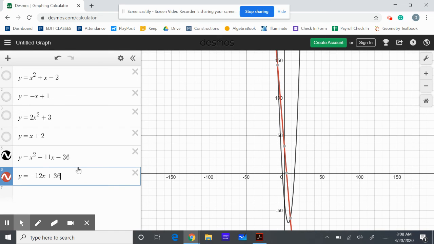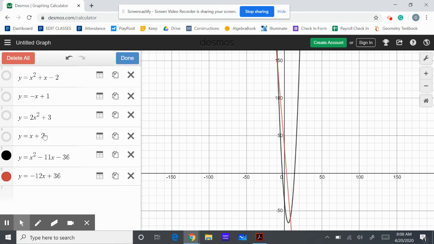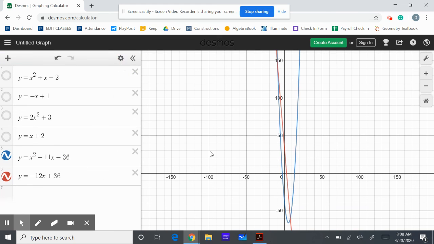Okay, finally, let me change the color of this black one. If I can, change it to blue. Okay, so notice they intersect here at 8 comma negative 60.